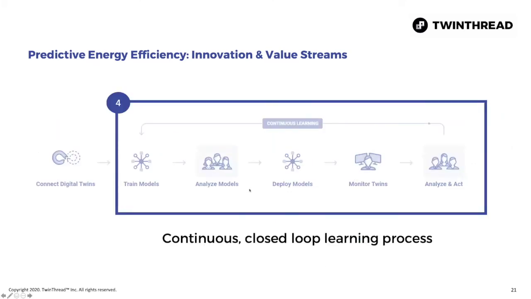And then the last thing to mention here is that this is a continuous process. This is something that you don't do once. In fact, you would continuously retrain models, typically, let's say, on a monthly basis or perhaps a weekly basis.